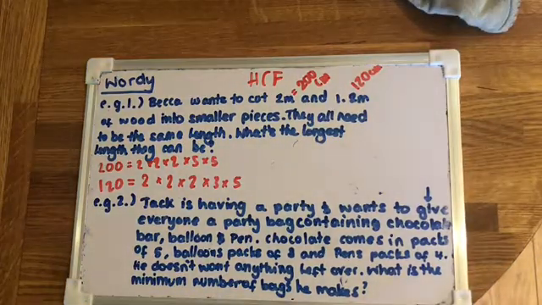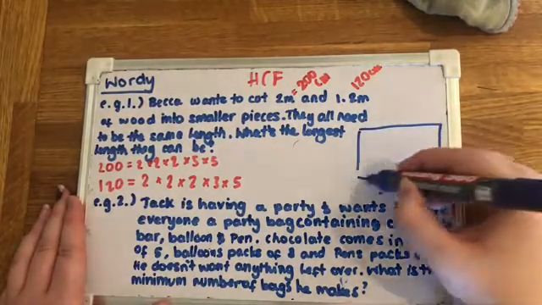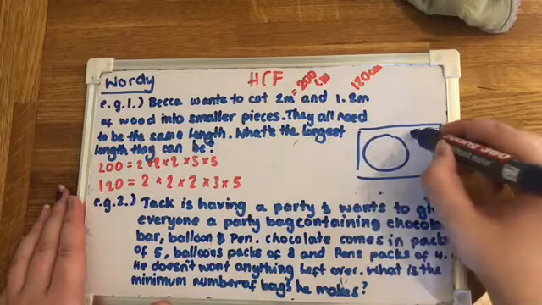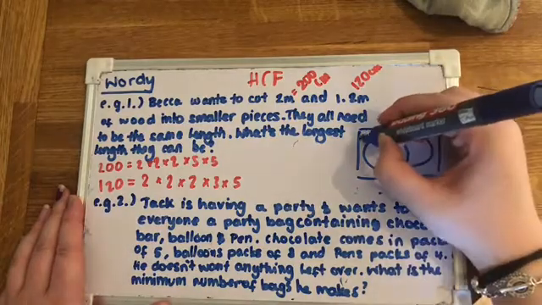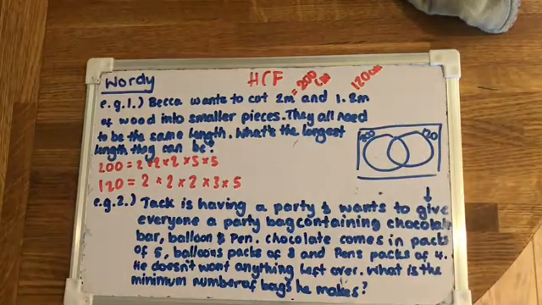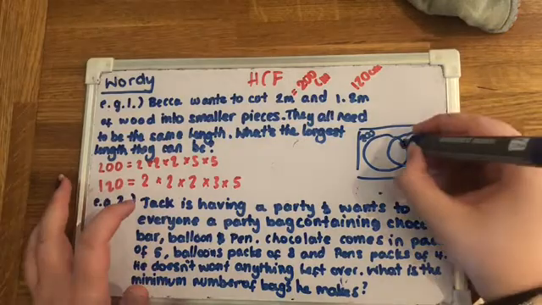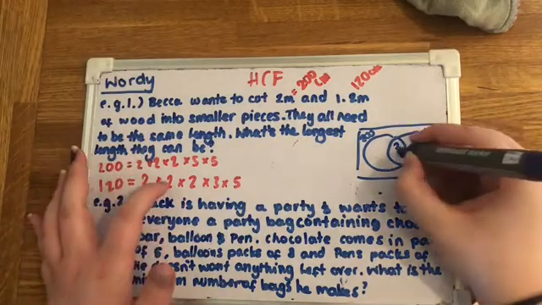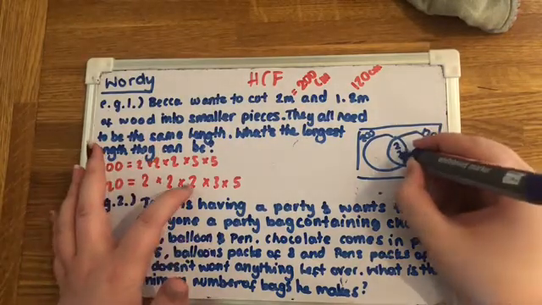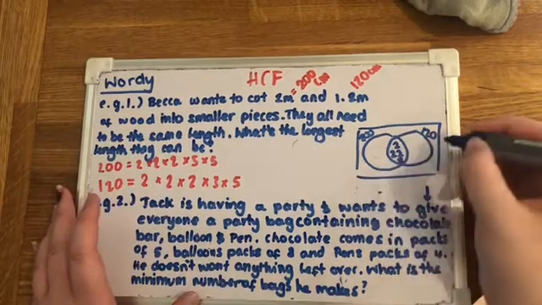Okay, so step 2 is the Venn diagram. Okay, so 200, 120. So we look at the numbers. What numbers do they have in common? They've both got at least one 2, they've both got another 2, and they've both got another 2, and they've both got one 5 in common.